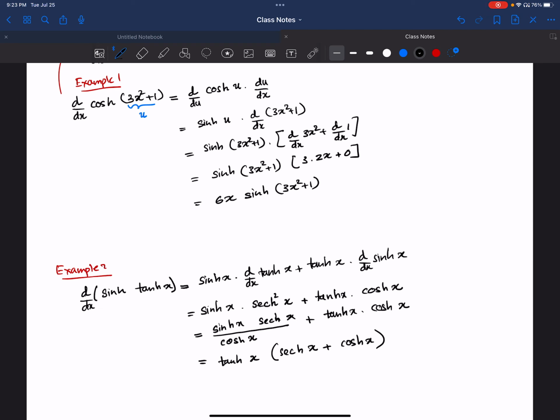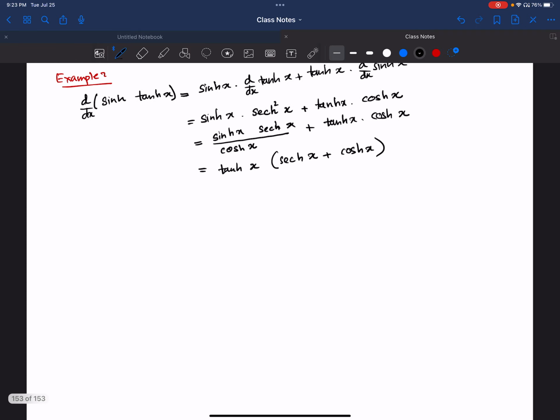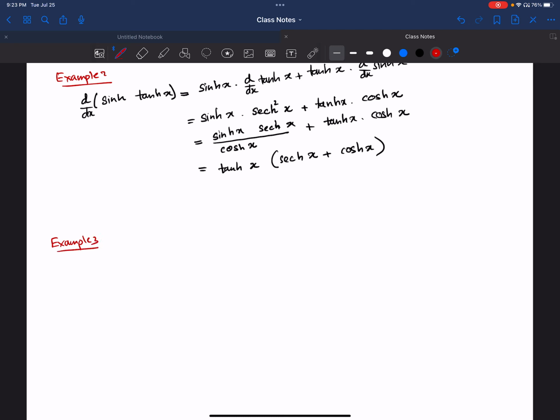Example 3: y equals hyperbolic cosine squared of 9 minus 3t. We need to find dy over dt.